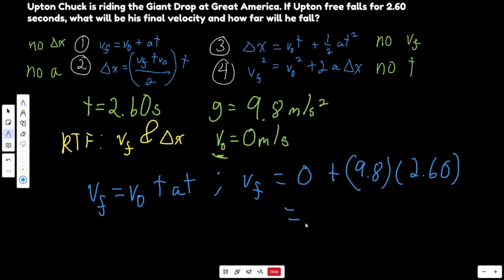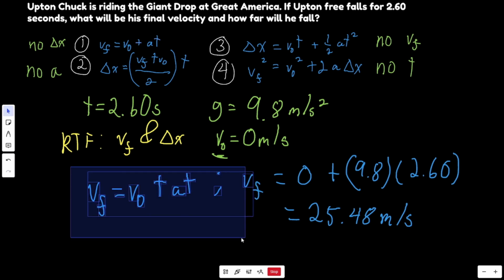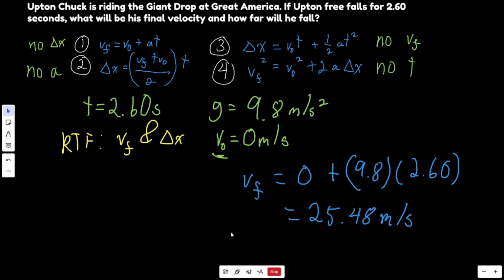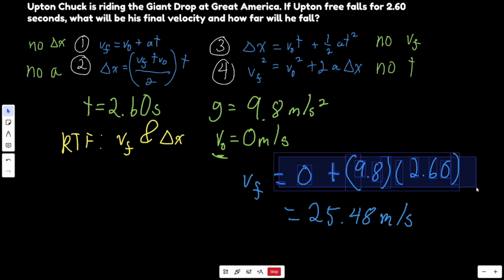Putting that into the calculator, you would get 25.48 meters per second. So that is our final velocity, and we got that using the first kinematic equation.